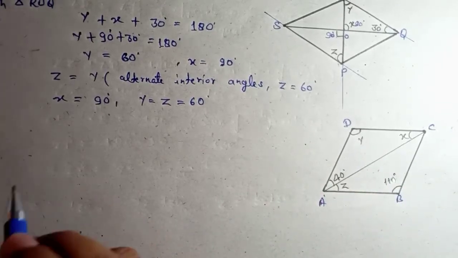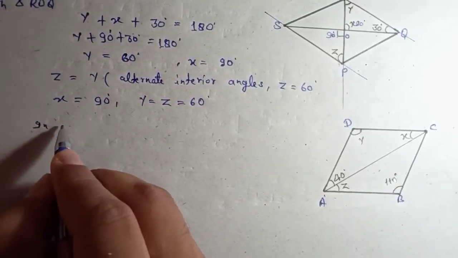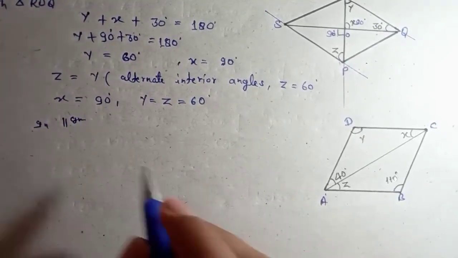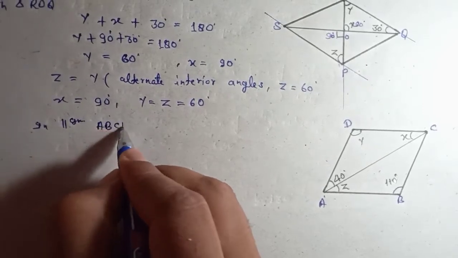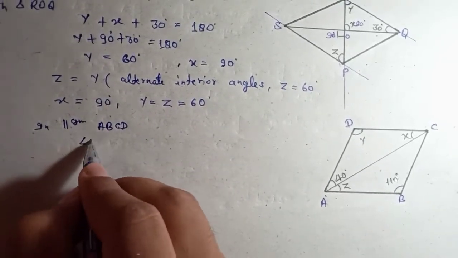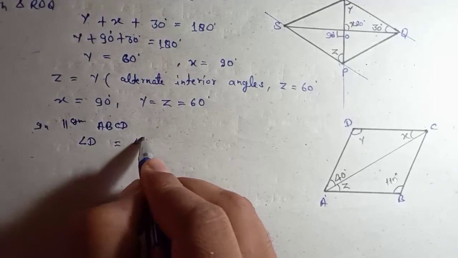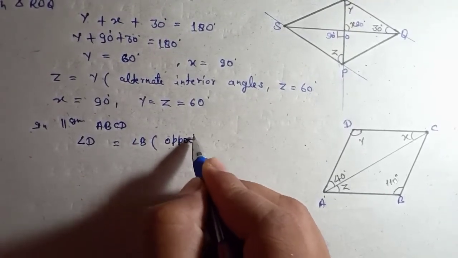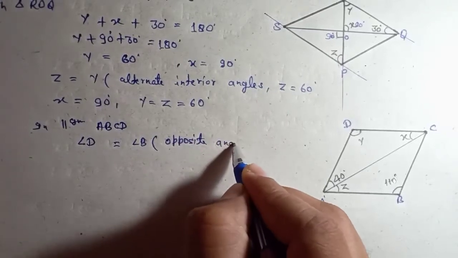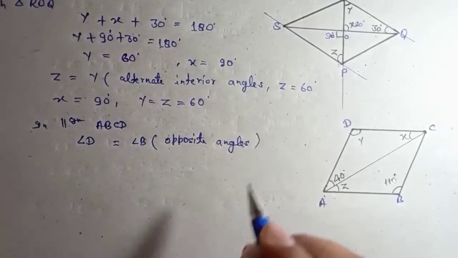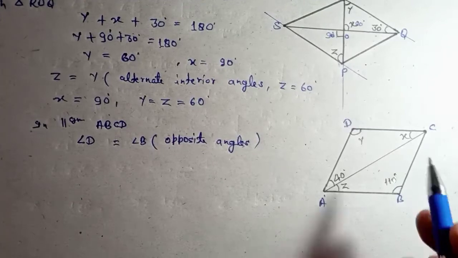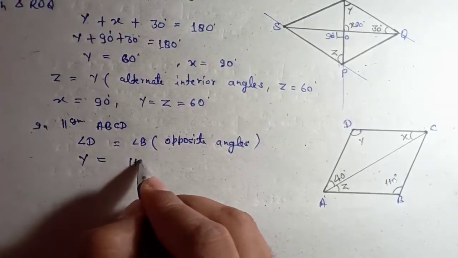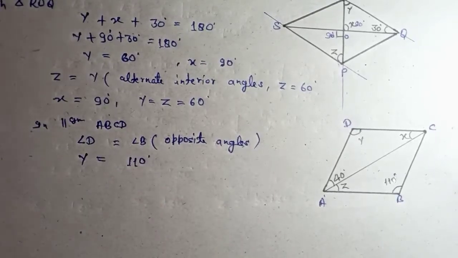So you can write here, in parallelogram ABCD, angle D is equal to angle B. Why? Because they are opposite angles in a parallelogram. So the values of D and B are equal. So you can write Y is equal to 110 degrees.